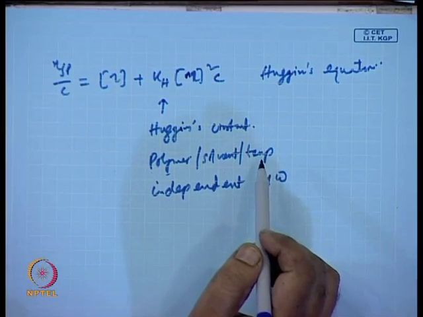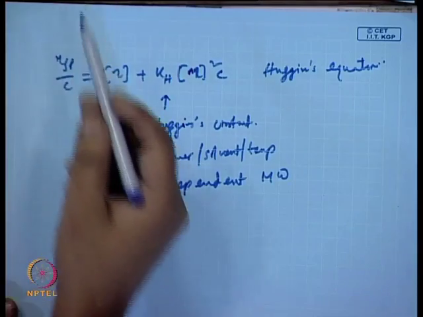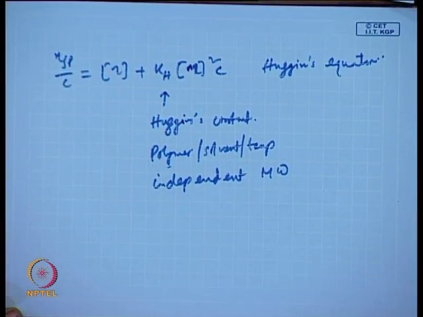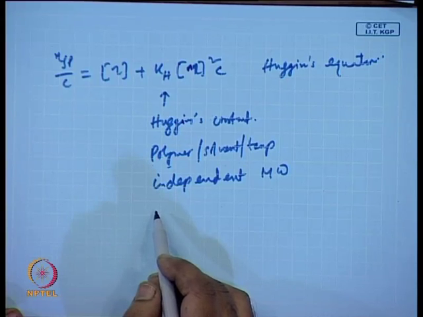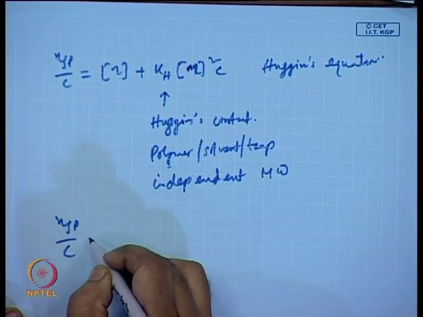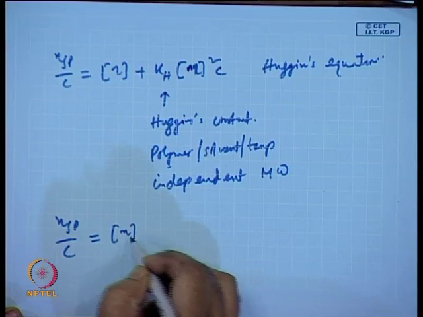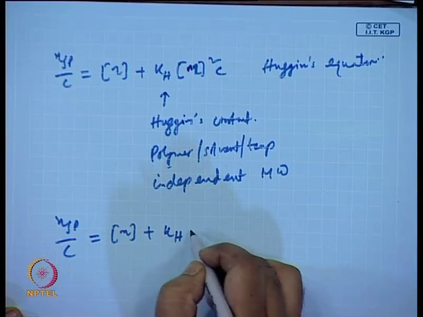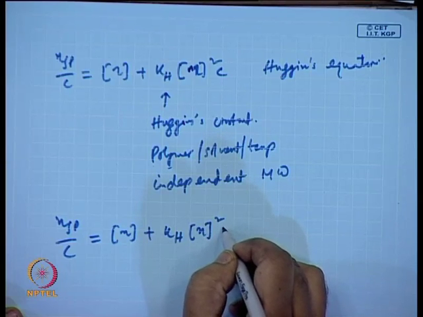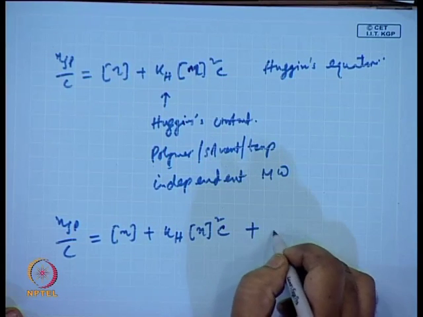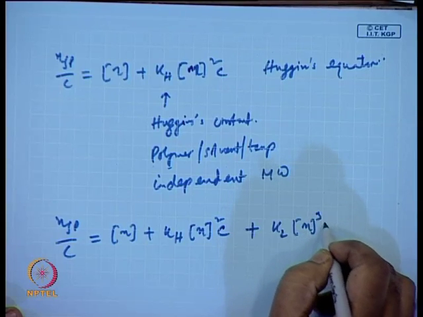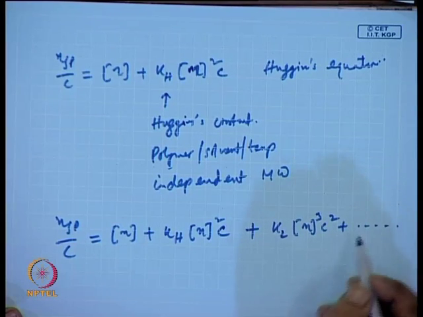Now, we talked about this being applicable only for eta r less than or equal to 2. If the concentration is higher, then this expression can be expressed like the virial expression, where eta sp by C equals eta plus kH eta squared C plus other constants times higher powers of C, and so on.